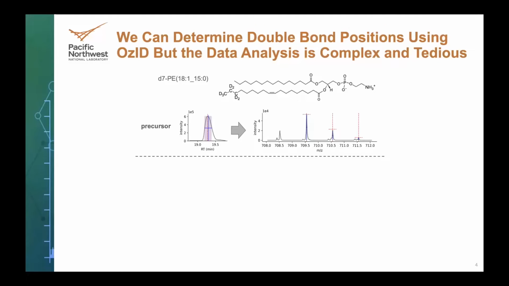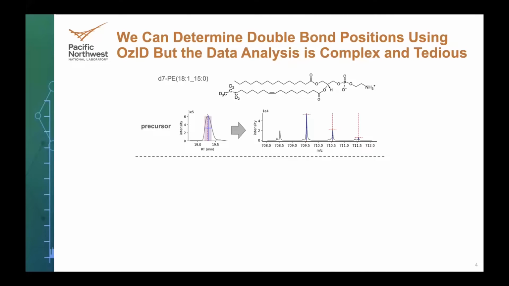That's the red dashed lines, compared to what we observe experimentally. This is an important quality indicator, or sanity check, if you will, or validation of the precursor identity. Knowing some basic information about the precursor, but not knowing the double bond position, we can predict, for all of the possible double bond positions in this lipid, those diagnostic fragment masses.